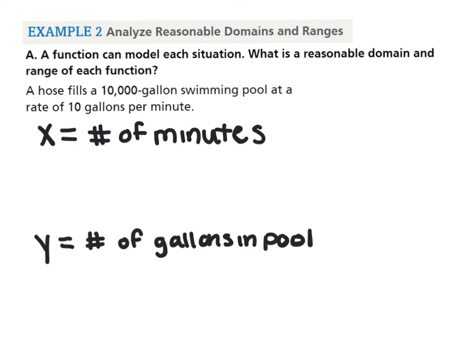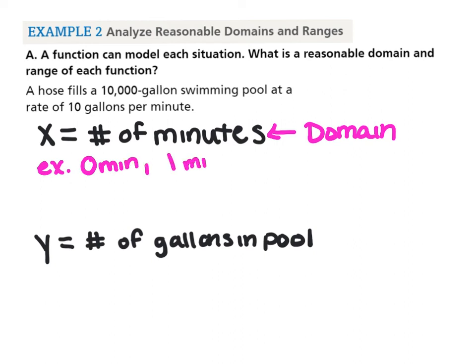Now, if we want to identify a reasonable domain, we'll remember that the domain is the x value. Now, if we think about the number of minutes we could possibly have, the smallest possible number of minutes is 0, I could have 1 minute, you could have been doing it for 3.5 minutes, I could have been doing it for 10 minutes, etc. And there's no limit on how long this could go for.